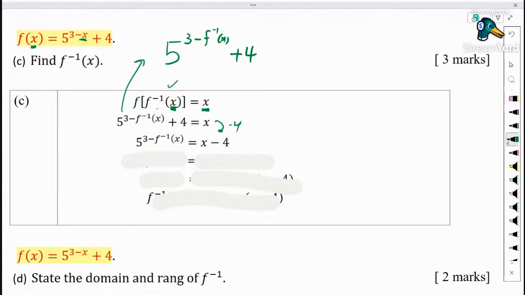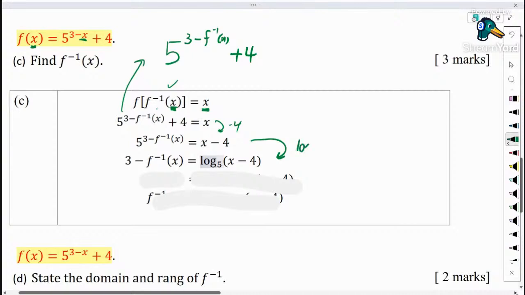Then from here to the next line, be aware of what I happen to do, as I don't have this step written very clearly. How do I get the following result? Watch out, I insert log base 5 on both sides, where I have 5 to the power of 3 minus f inverse of x, equal to x minus 4.